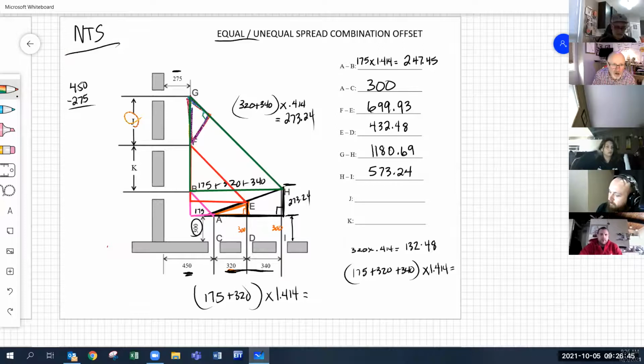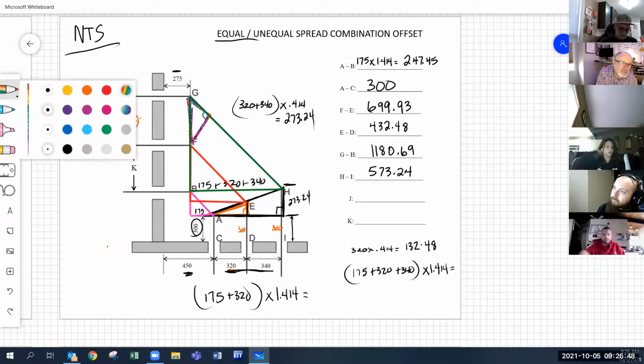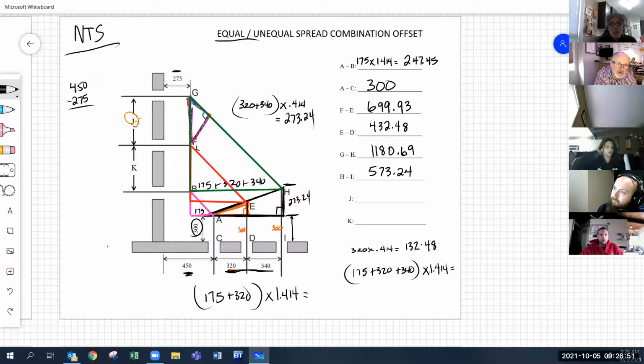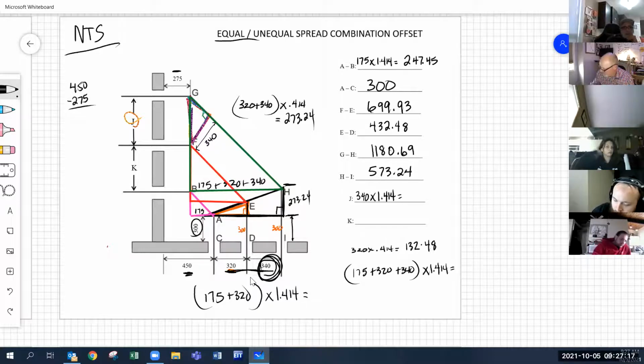Now, I know that the spread across this line, from here to there, is 340. So this is 340, and I get that number from down here at the bottom. So now I could just take 340 and multiply by 1.414, and that is equal to J, which is 480.76.